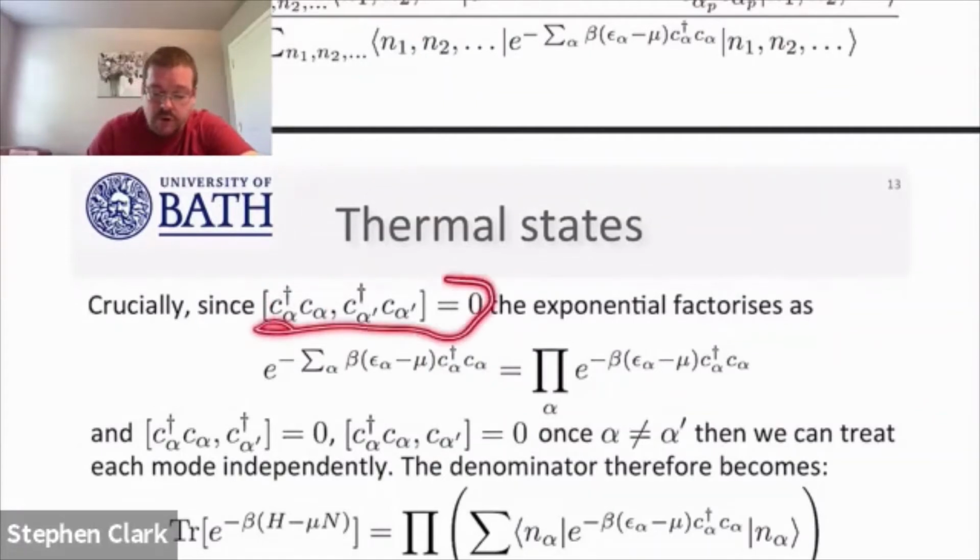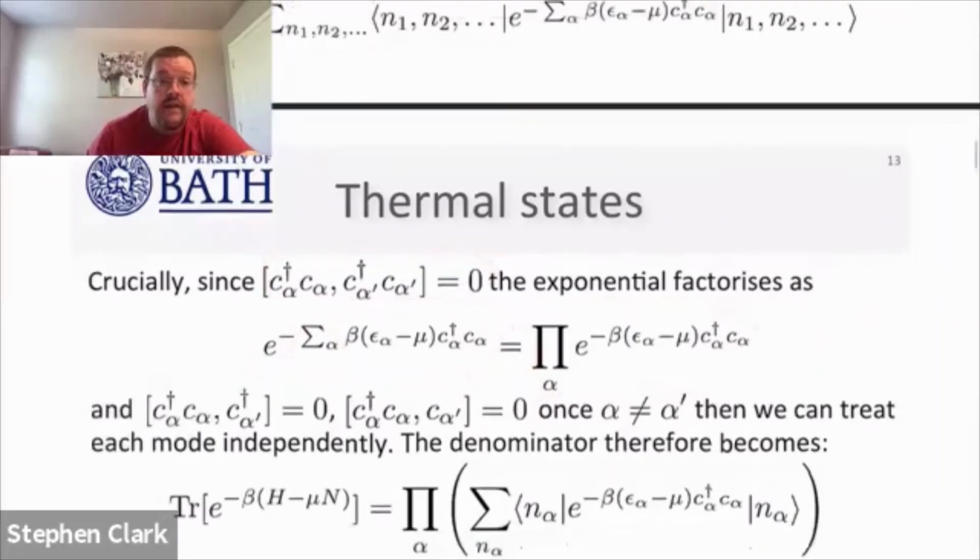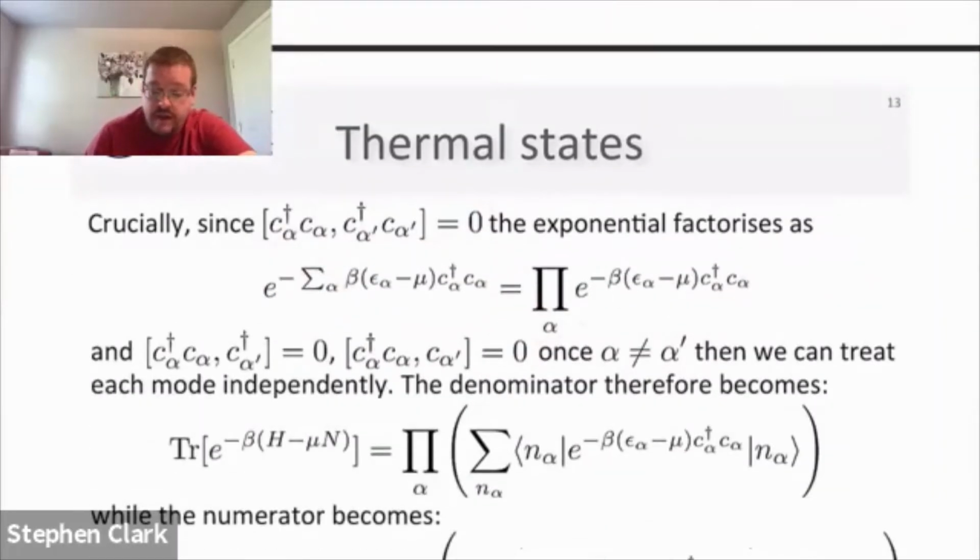So all of the number operators commute with each other. That means that this operator exponential splits into a product of exponentials over each single particle mode. So that sum becomes a product outside the exponential. And that only happens because the operators that are in the exponential commute with each other. It does not apply if they don't commute in general.